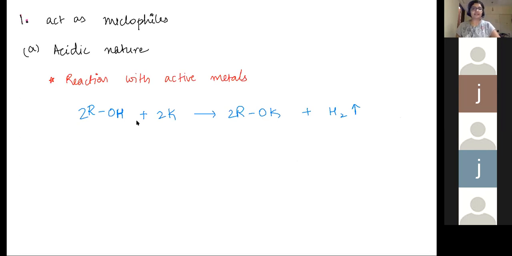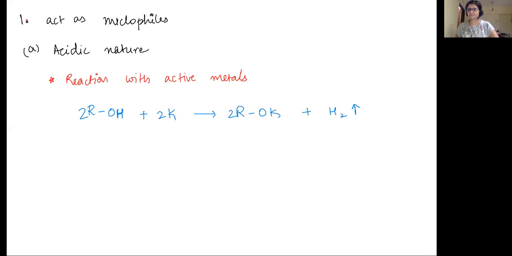Do you guys find this reaction familiar with something else? Siddharth says Wurtz reaction.